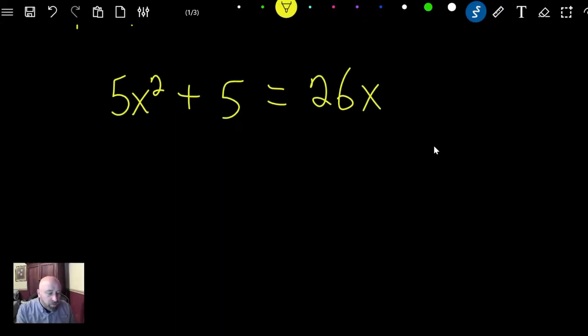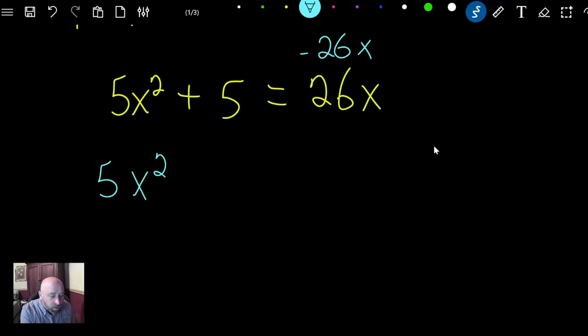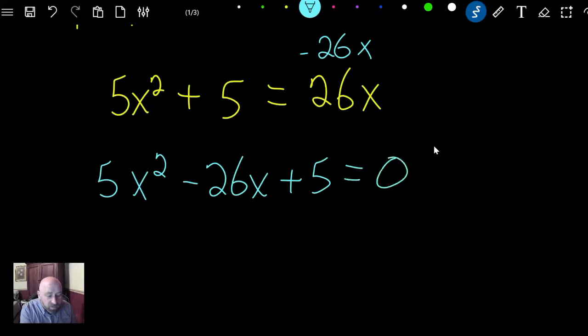Now what you need to do is just continue to solve it. This looks like it's probably going to be a quadratic, right? So we're just going to subtract 26x from both sides. We're going to get 5x squared minus 26x plus 5 equals 0.